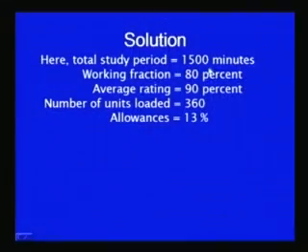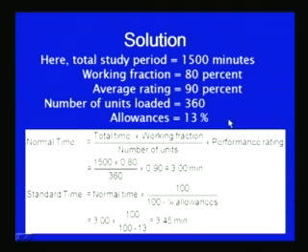So, if we see here, the total study period is 1500 minutes, working fraction is 80%, average rating is 90%, number of units he loaded is 360, and the allowance allowed is 13%.